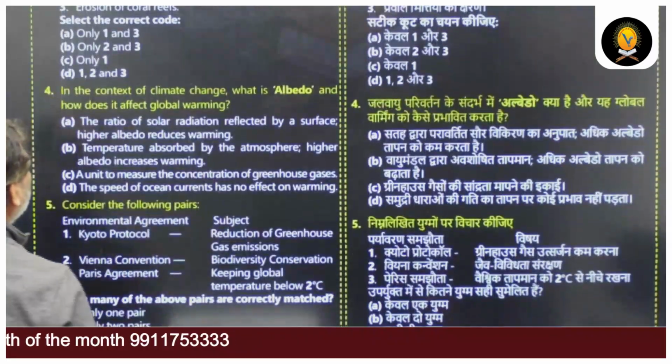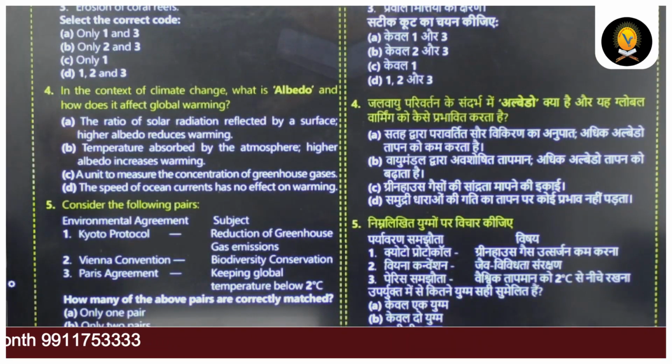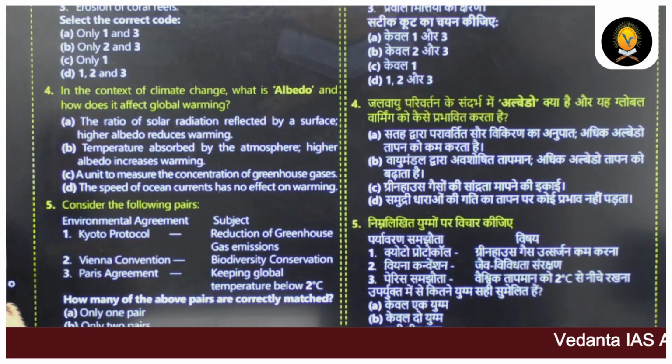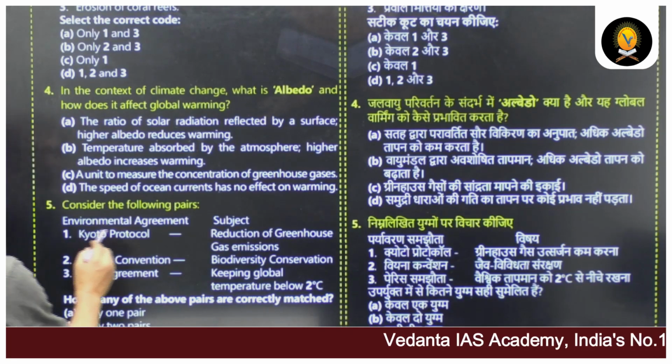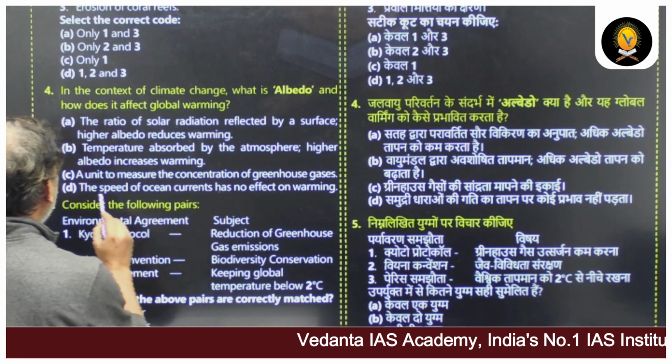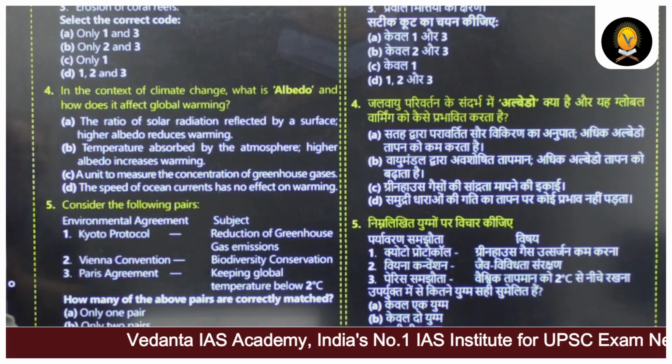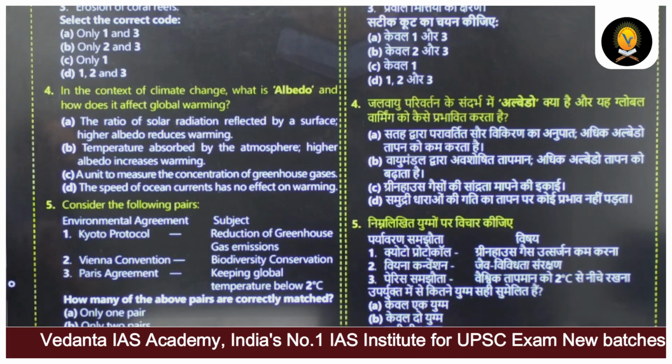In the context of climate change, what is albedo and how does it affect global warming? Albedo means bouncing back of solar radiation from the surface of ice covered areas. It is the ratio of solar radiation reflected by a surface; higher albedo reduces warming. If albedo is high, naturally what will happen?